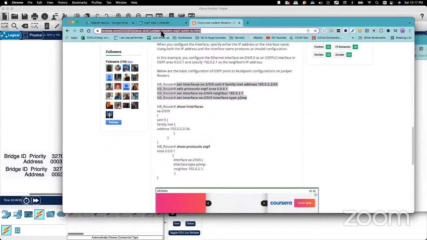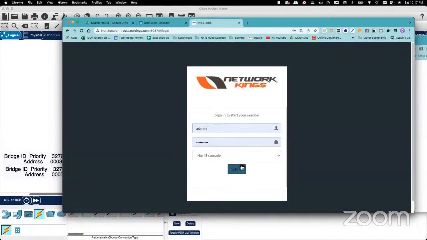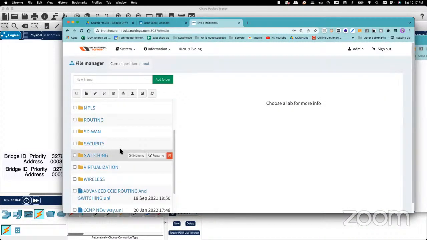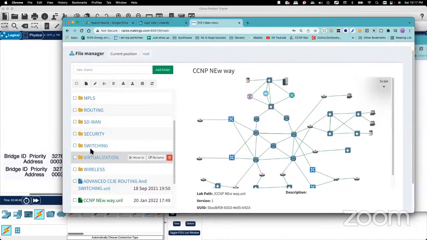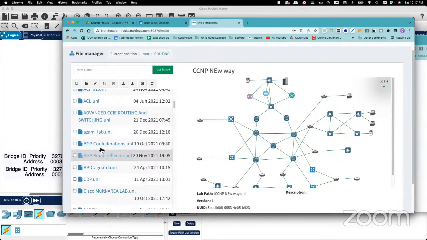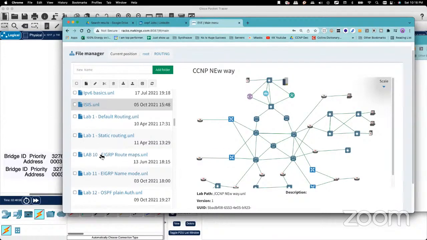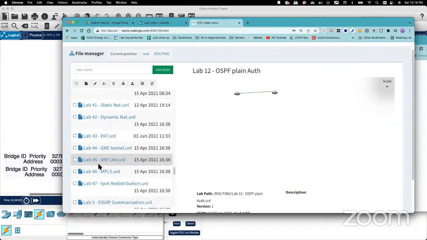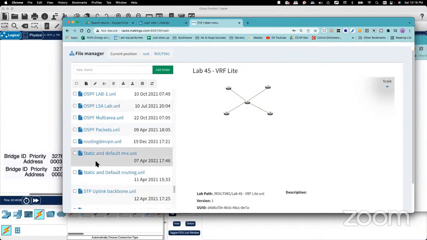When you access your lab, I'm sure you guys got your lab access. Once you log in to your lab, if you go to any section, maybe just hold on, you need to see the routing part. Somewhere I remember, in some lab we have added the Juniper router also.